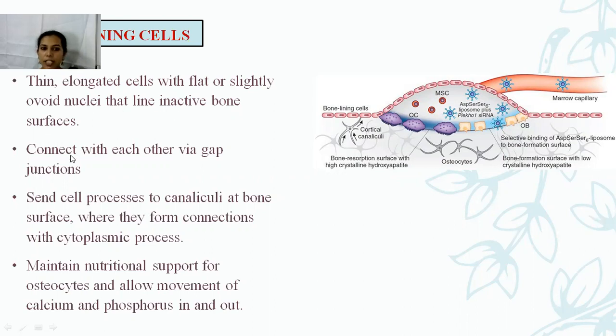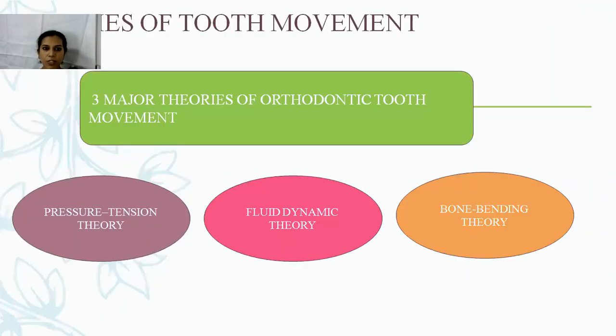They connect to each other via gap junctions. These bone lining cells provide nutritional support for the osteocytes and allow movement of calcium and phosphorus ions in and out of the cells.